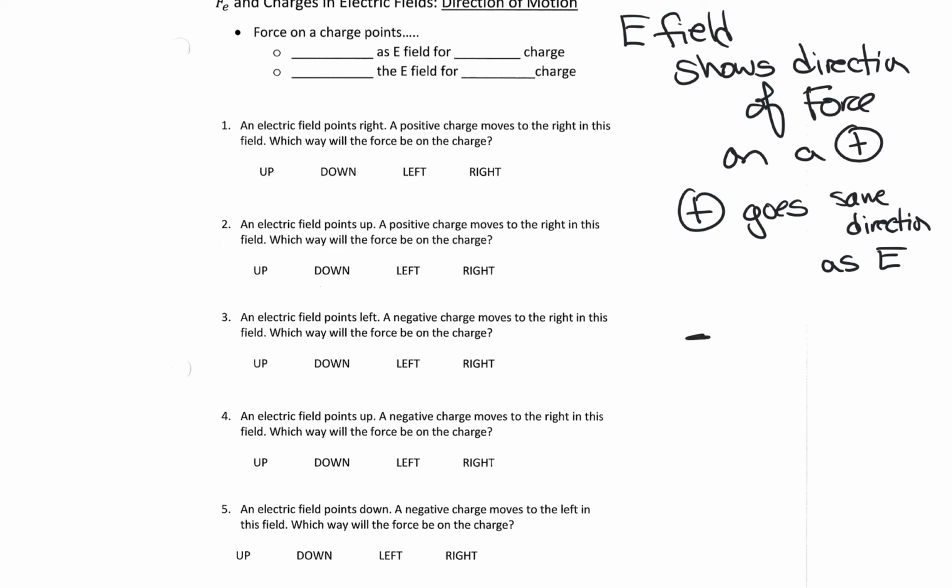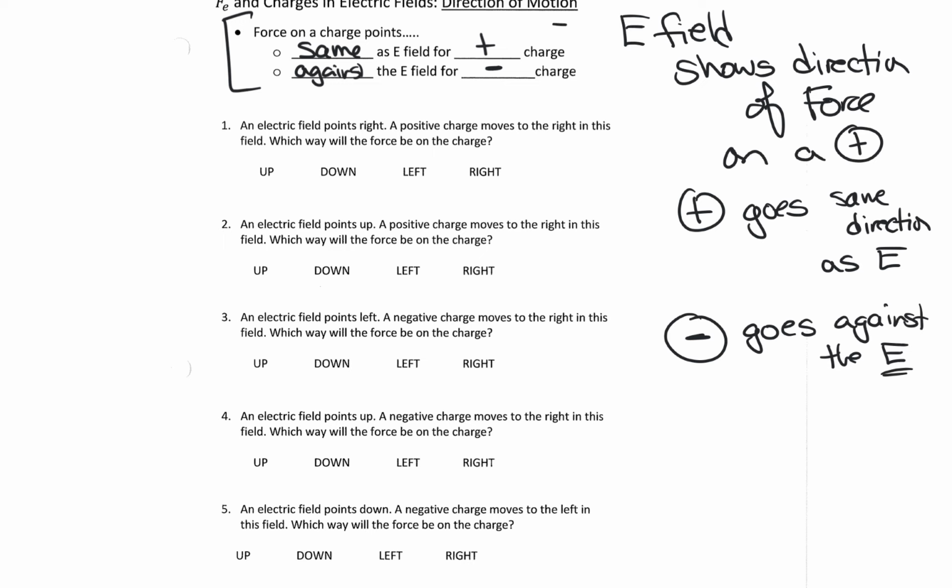A negative goes against the E field. So forces on a charge, right? Which direction does the force point? It's the same direction as the E field for a positive charge, but it's against the E field for a negative charge. It's just another way of summarizing it.